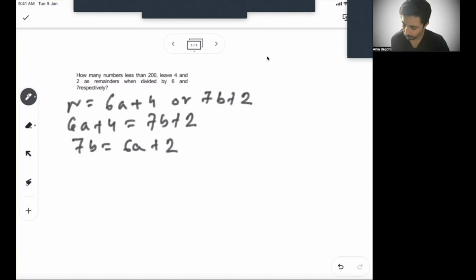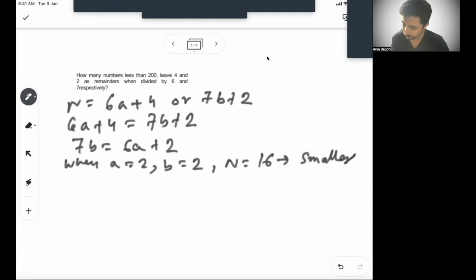So when a equals 2 and b also equals 2, then it satisfies. Then n is nothing but 16. So this is the smallest value of n that satisfies the criteria.